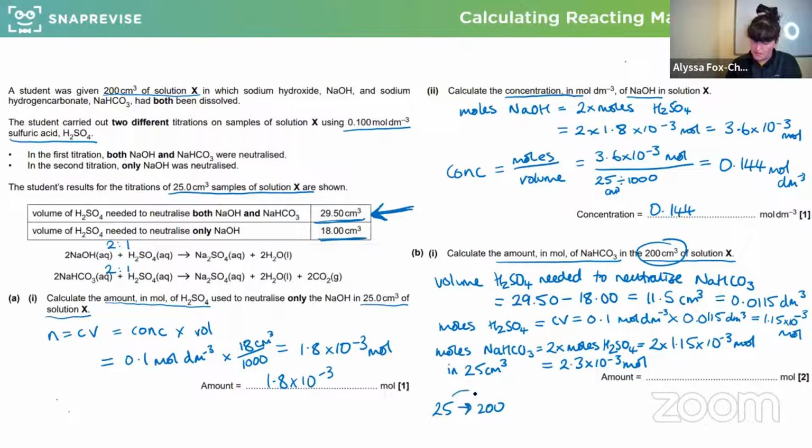That is 8 times bigger. So if I times my moles of sodium hydrogen carbonate in 25 centimeters cubed by 8, I will get the number of moles in 200 centimeters cubed, which is 0.0184 moles.